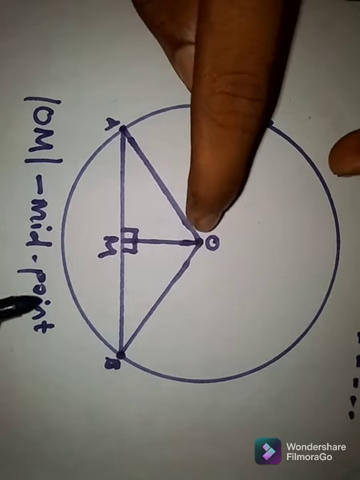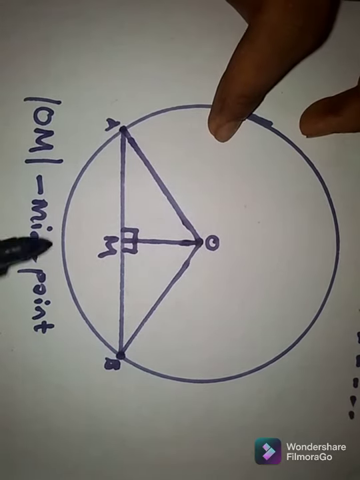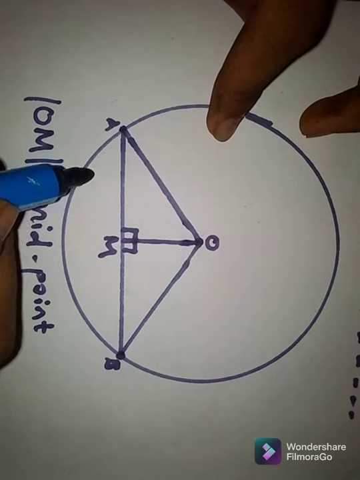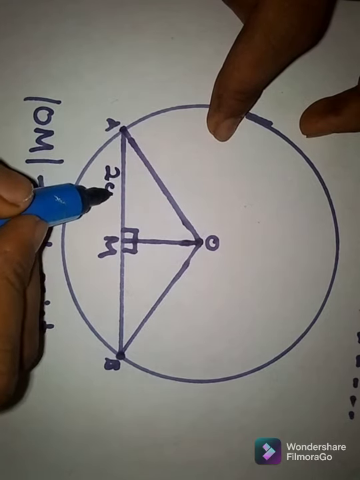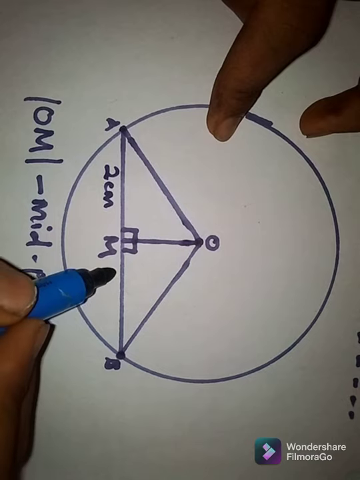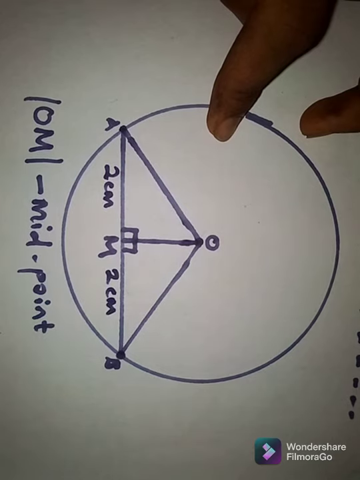Since it bisects the chord, we can say that if this place is, for instance, 2 cm, this length will also be 2 cm.